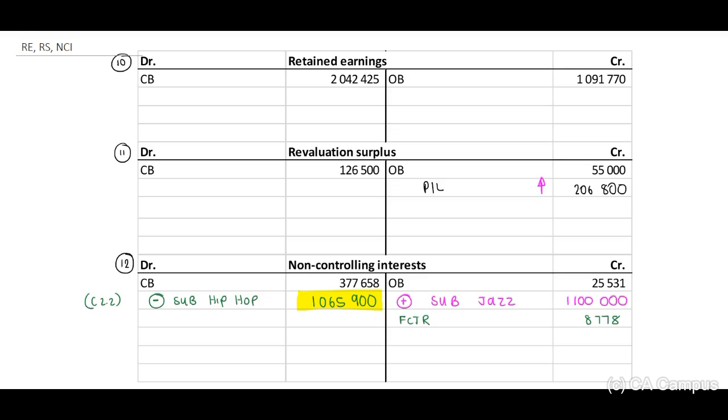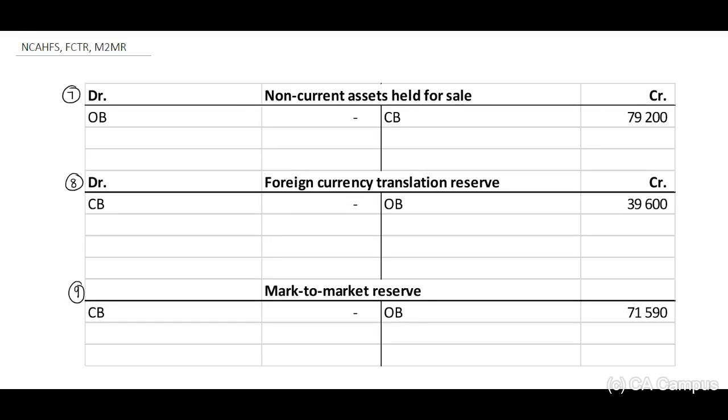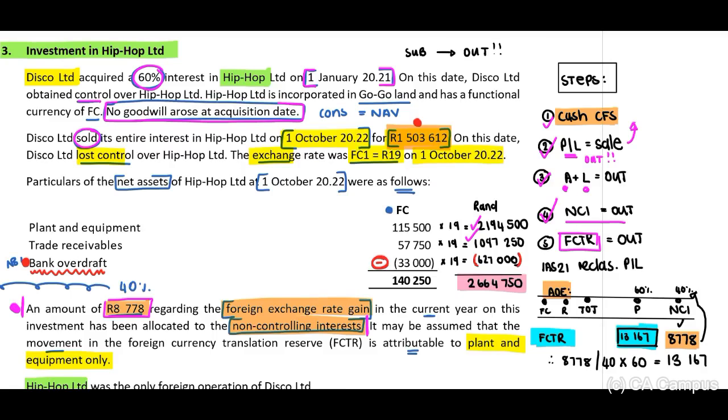And then in our FCTR account of the group, we need to include the FCTR. Remember, only the parent's portion. And this is 13167. Therefore, we have now transferred both of these amounts.